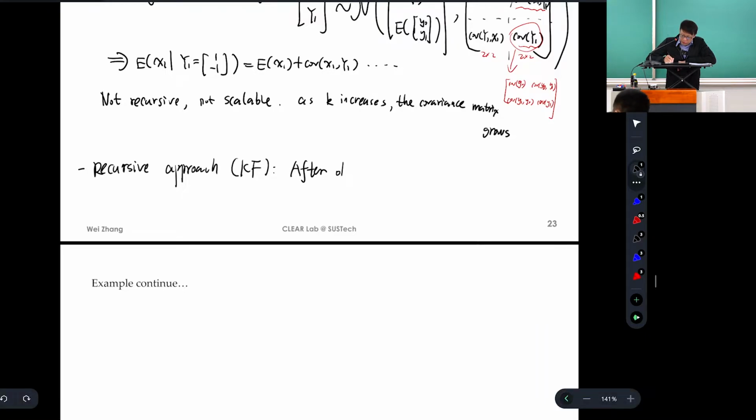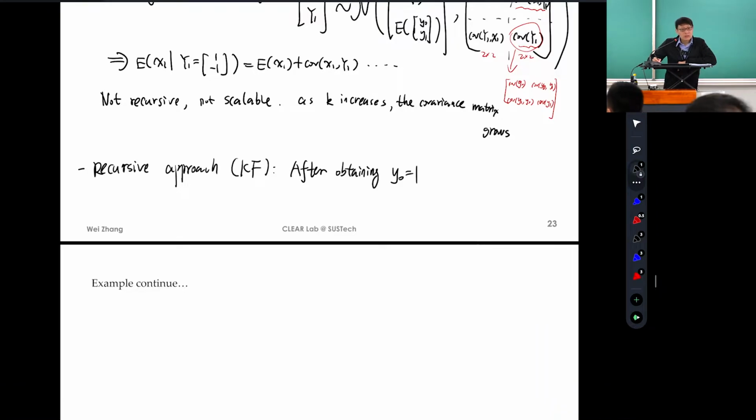After obtaining y0 equal to 1, that's recursive, right? Let's start from the first one. After we see y0 equal to 1, now I want to estimate x1, so I only care about x1.